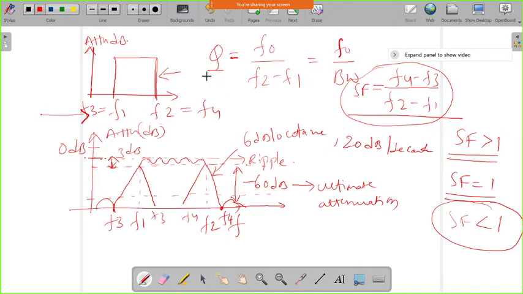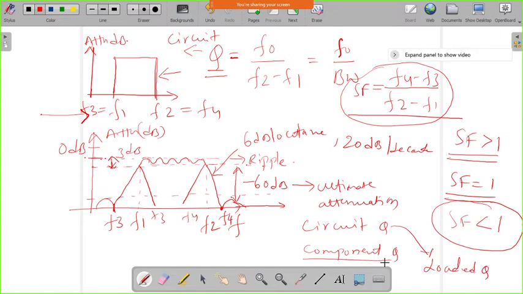And whatever Q we have defined, there is a circuit Q and a component Q. So there are two different types of quality factor, called circuit Q and component Q. The circuit Q we can also call loaded Q, and component Q we can call unloaded Q. As we have seen from this equation, as the bandwidth increases the Q factor decreases, or if the bandwidth decreases, the Q factor increases.